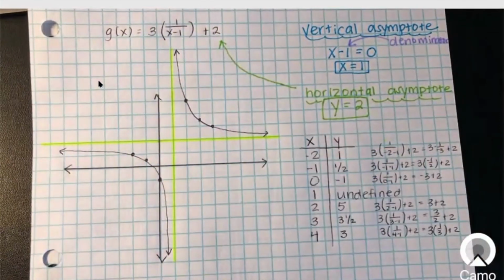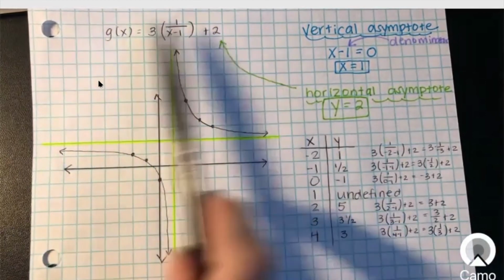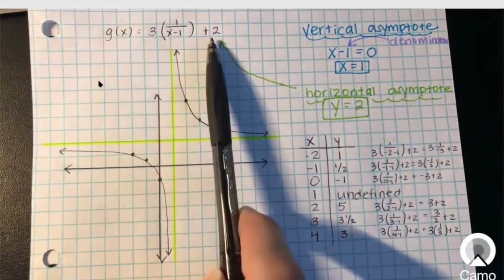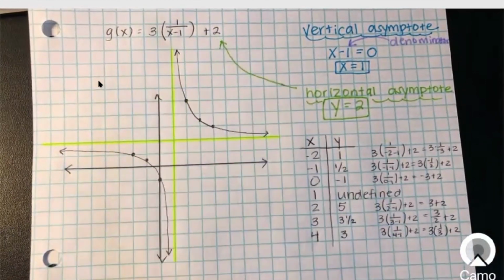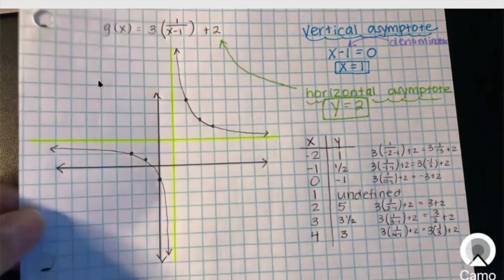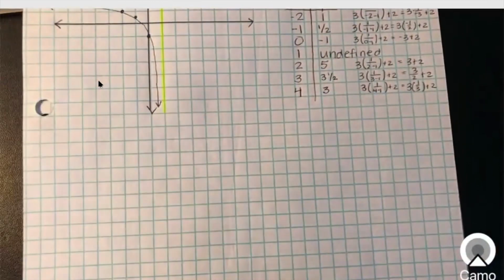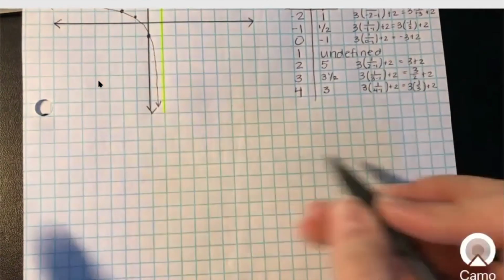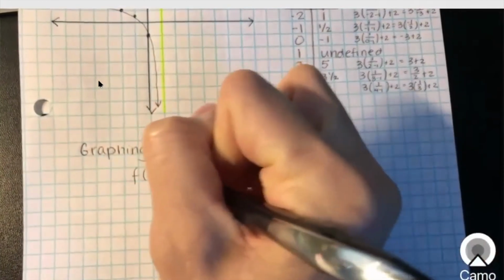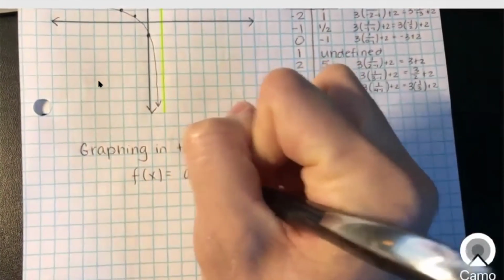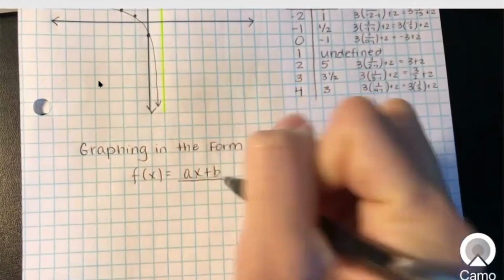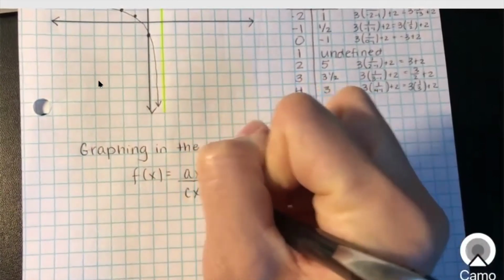So this is one form you'll see on your practice. You'll see it written in this form where you can identify your horizontal asymptote pretty easily. But another form your function can be written in, so I'll make another header here. We'll say graphing in the form of f of x equals ax plus b over cx plus d.